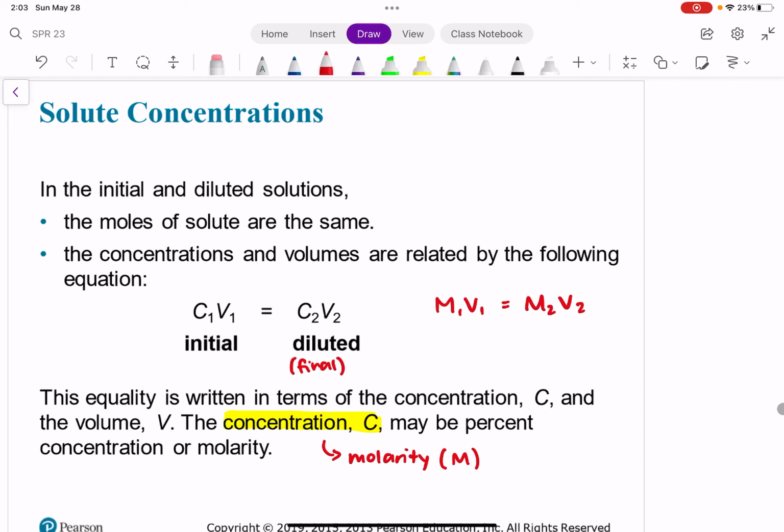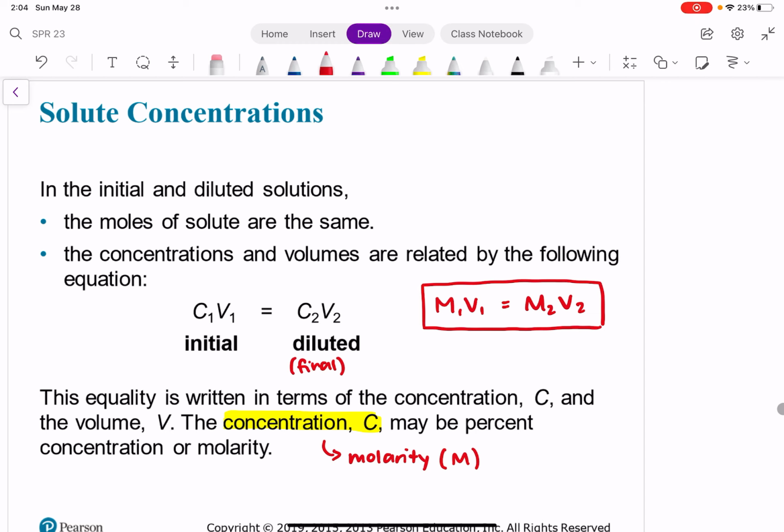For our class, I'm going to recommend that you memorize this equation. Actually, I would give this to you on an exam, so you don't have to memorize it, but you do need to know how to use it. That's why in your book, you'll see C1V1, C2V2, but in our class, you'll probably see M1V1, M2V2. Same equation, just expressing concentration as molarity specifically.